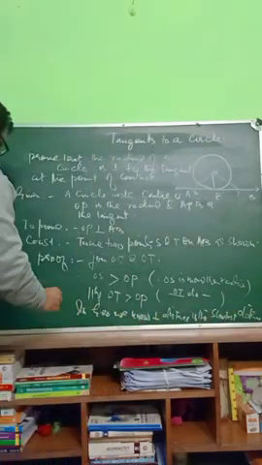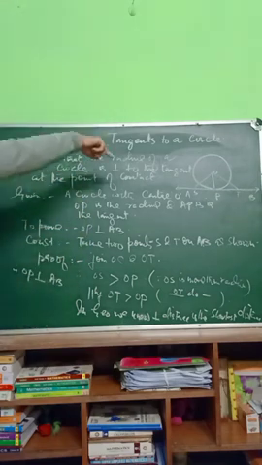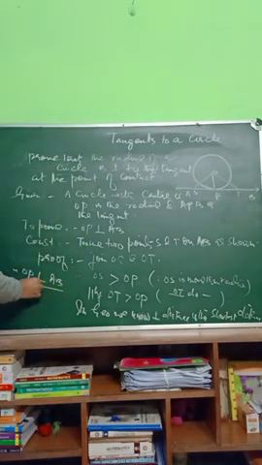Therefore, OP is perpendicular to AB, because the shortest distance means it is perpendicular. So OP is perpendicular to AB. That is to be proved.